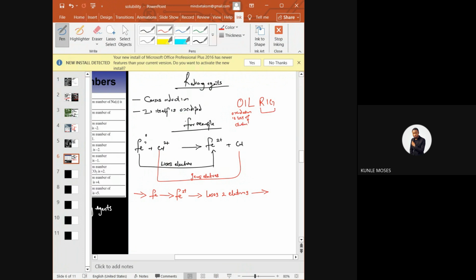Since it has lost electron, it simply means it has been oxidized. And since it has been oxidized, we can easily say that it is the reducing agent. It is the reducing agent.